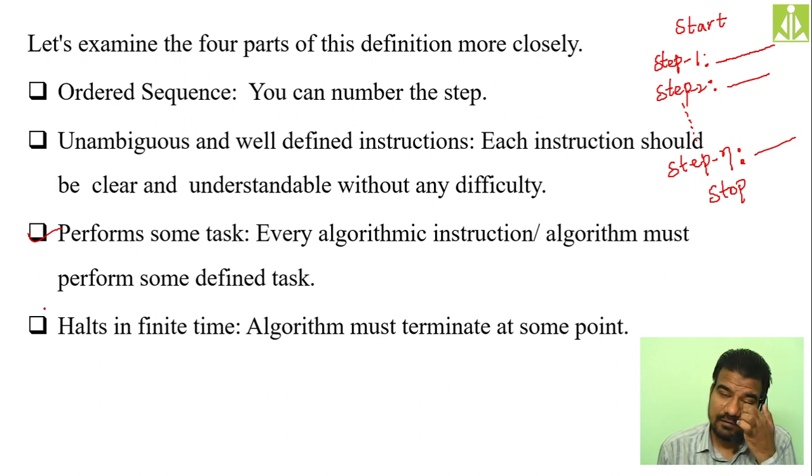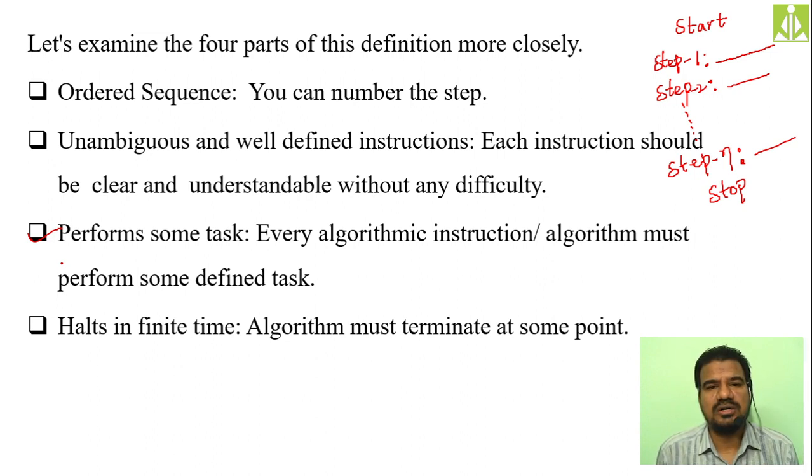And the last point, if you see, halt in finite time. So when you are writing the steps in your algorithm, you keep on writing like 100, 200, 1000, 2000 steps, but you are not getting the solution to the problem. Is it legitimate? Is it logical? No, it is not at all logical. The algorithm should and must terminate after a finite number of steps.